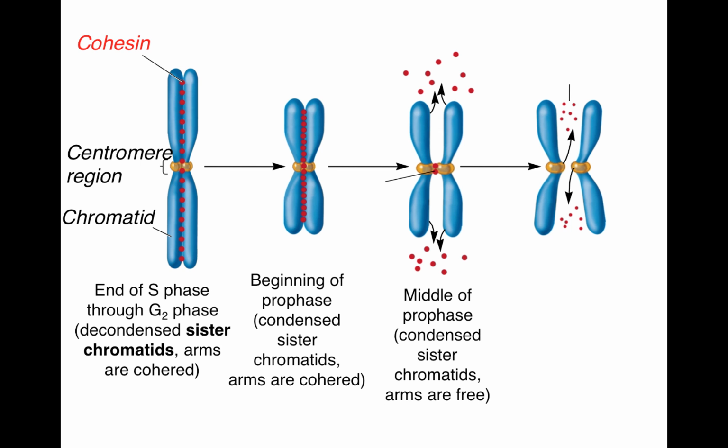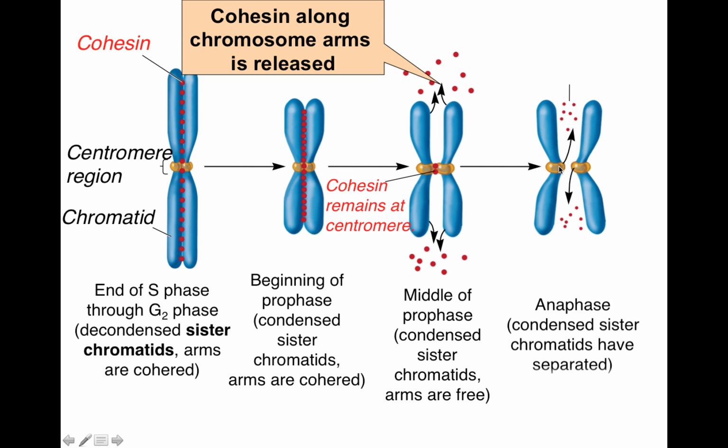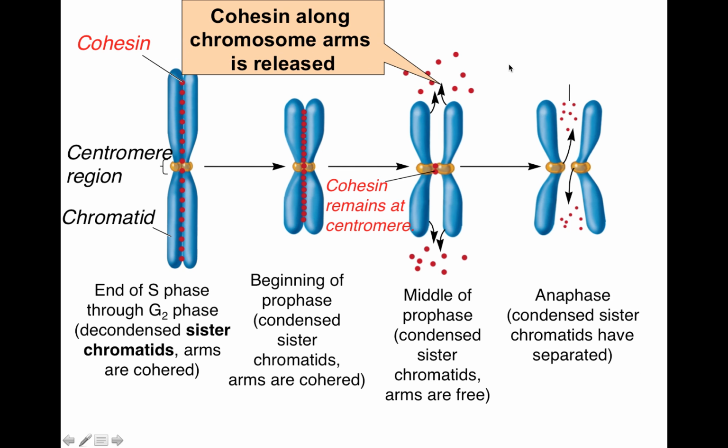Finally, in the middle of prophase, the cohesin molecules are dissociated from the sister chromatids, except for right at the center here, at the centromere in the kinetochore, and that's the last of the cohesin to leave during anaphase, when the two sister chromatids split apart and go to opposite poles into their new daughter cells.